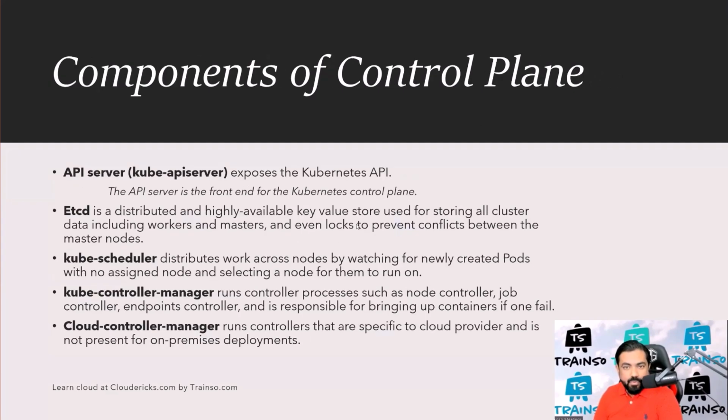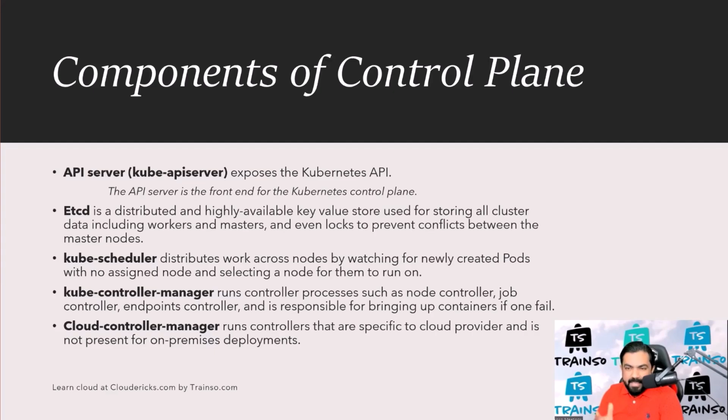Components of a control plane. API server. Kube API server exposes the Kubernetes API. The API server is the front end for the Kubernetes control plane, and we communicate with the control plane through this API server.